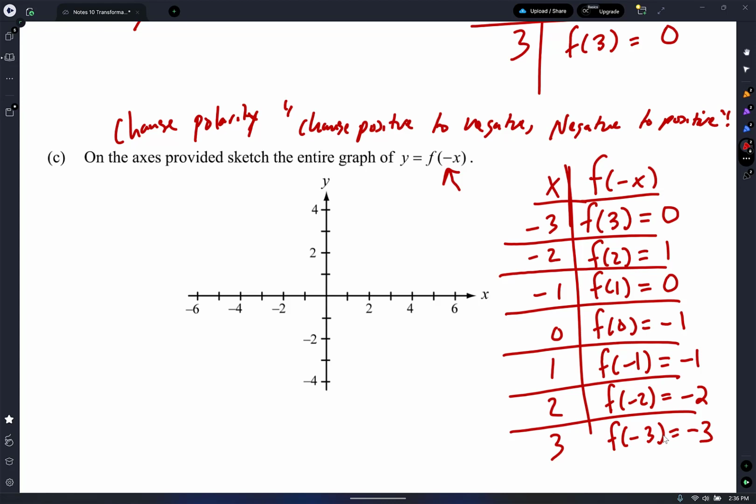Negative 3, 0. Negative 2, 1. Negative 1, 0. 0, negative 1. 1, negative 1. 2, negative 2. 3, negative 3. Connect them.